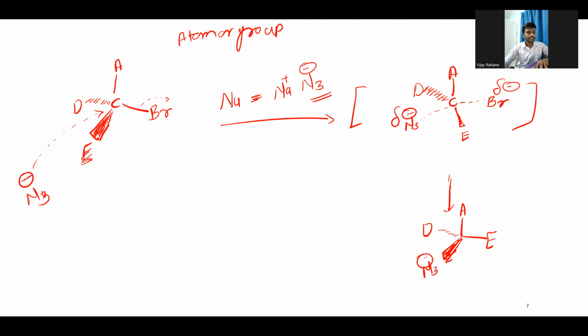So in this way, the stereochemistry of the product is getting changed entirely, right? Because the attack of the nucleophile takes place from the exactly opposite side. That's why, let's say if it is R configuration, the product will be the S configuration. So that's why in SN2 reaction, the configuration of the starting material and the product is opposite.